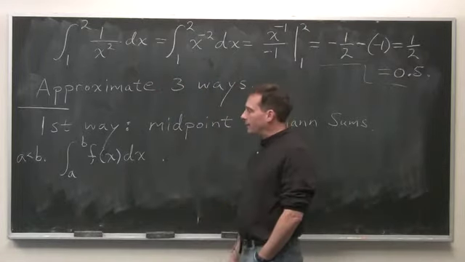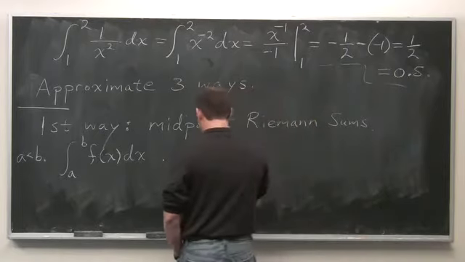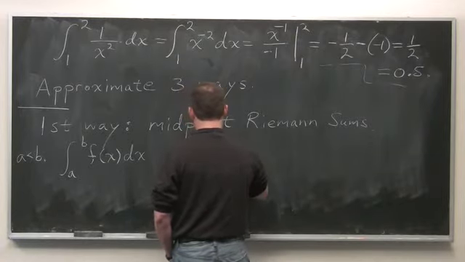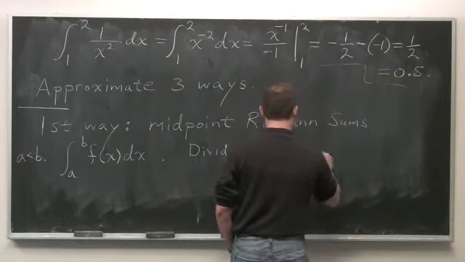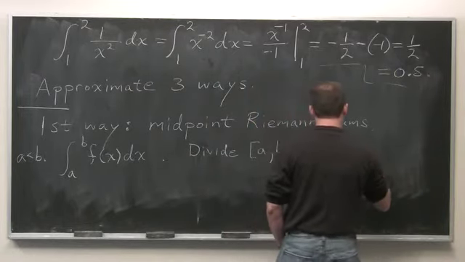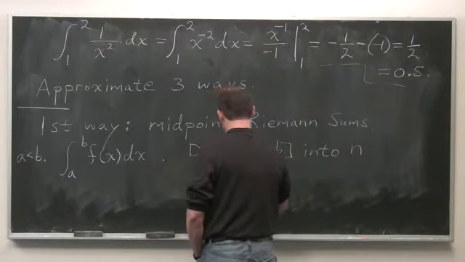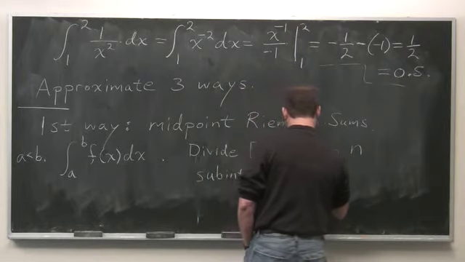And we divide that interval up into n subintervals of equal length. So you divide the closed interval from a to b into n subintervals of equal length.